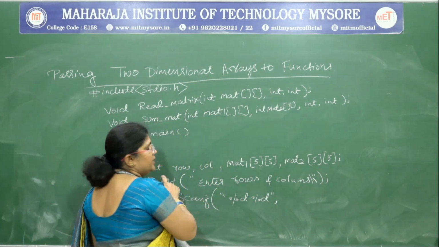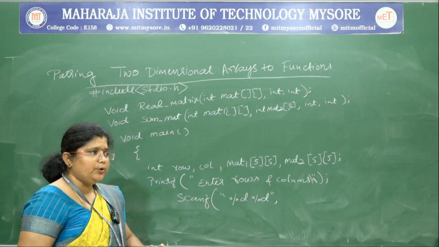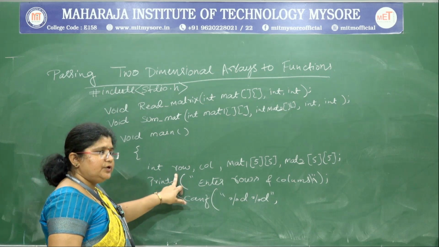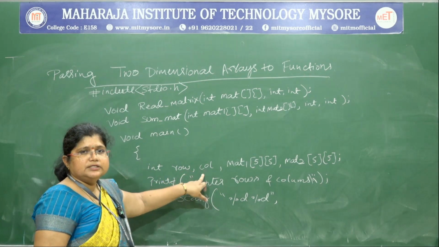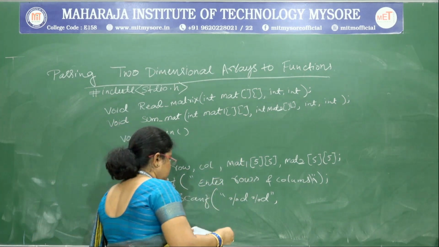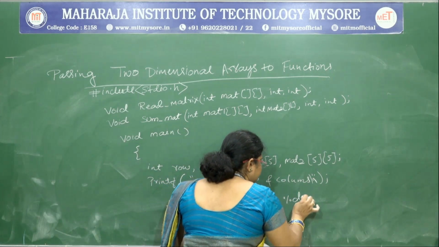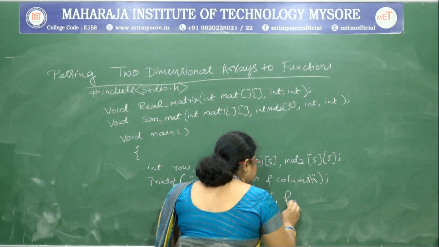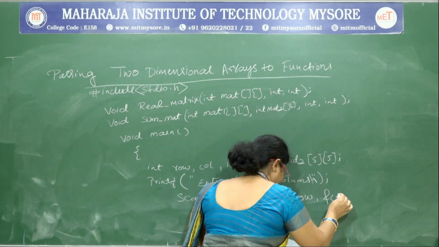Now we are going to enter two values using the keyboard, the size of the row and the size of the column. The size of the row and column is the same for both matrices. So: %d %d, ampersand of row, comma, ampersand of column.